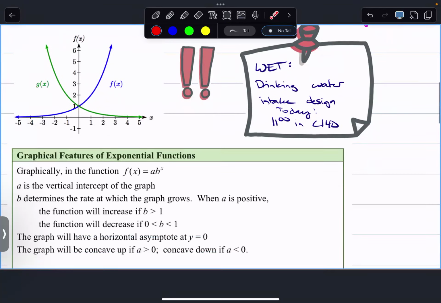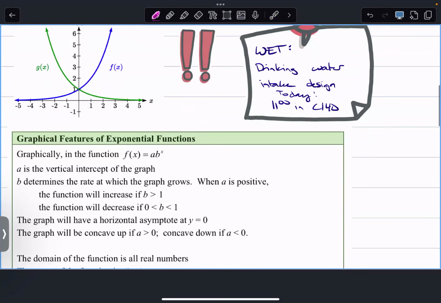Our general function can look something like this: f of x is a times b to the power of x. Now x is in the exponent. Usually I say the power, but it is called an exponential function because x is in the exponent.